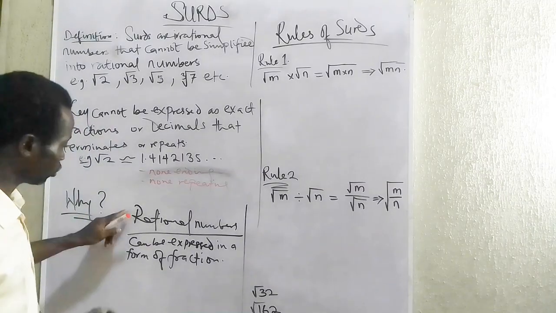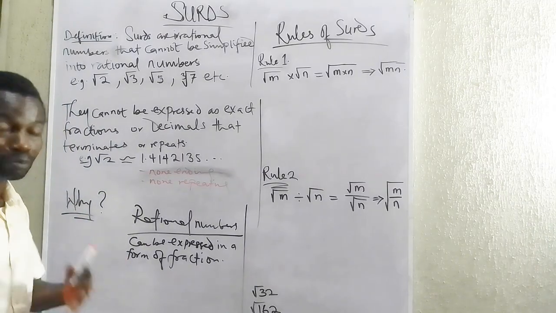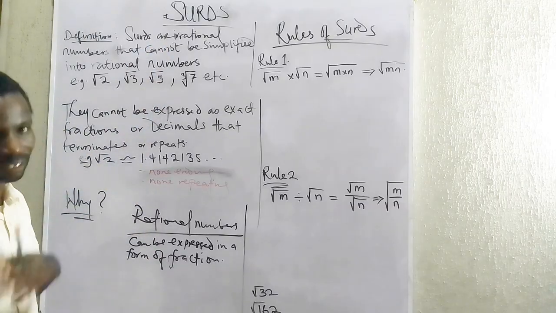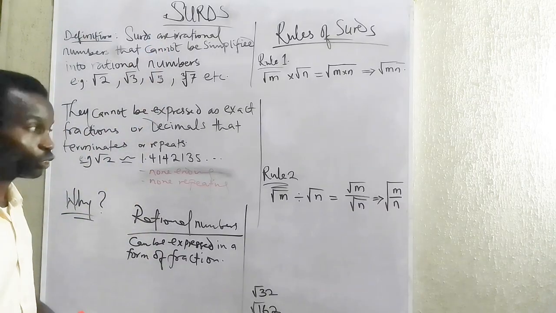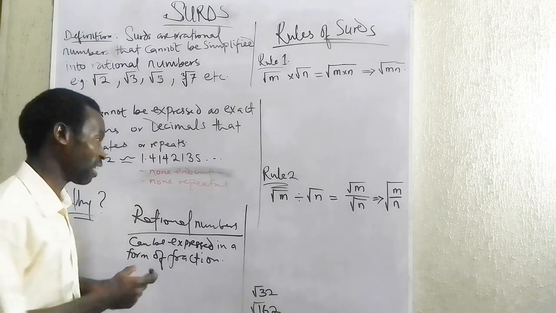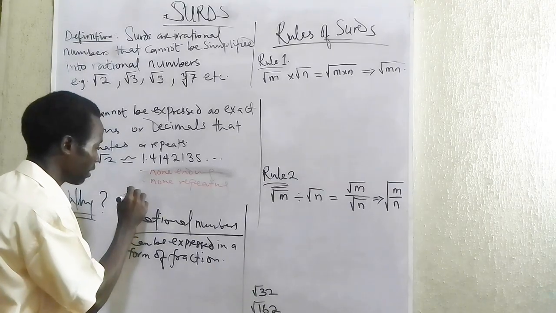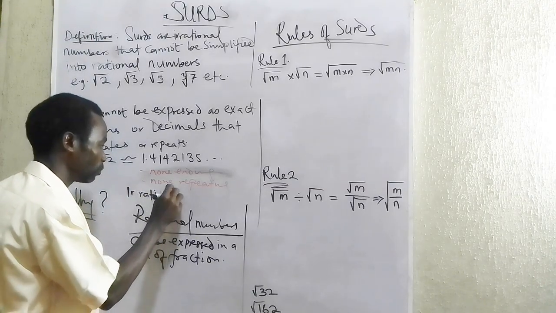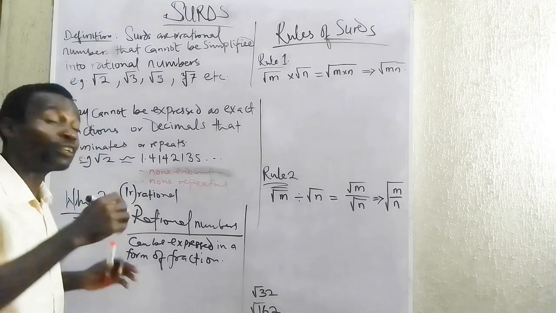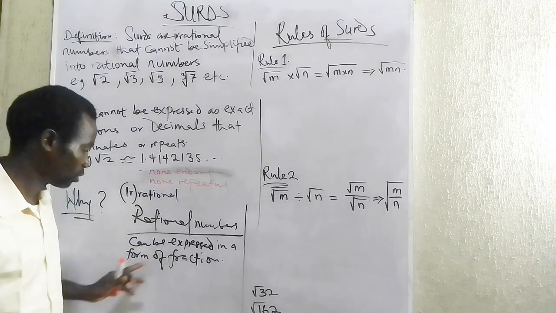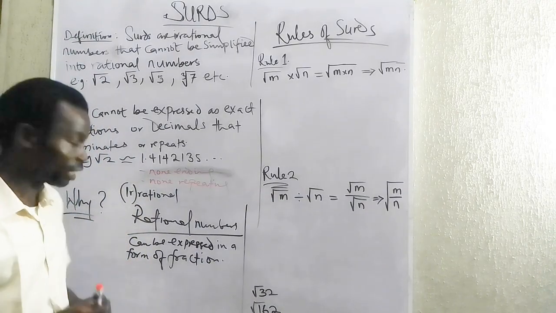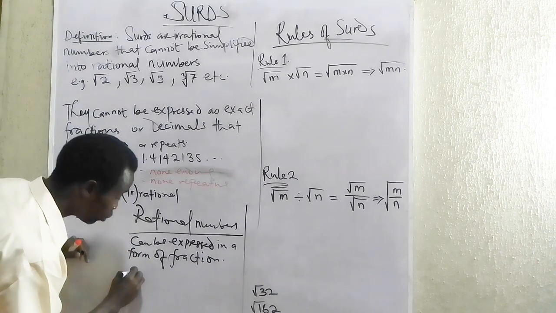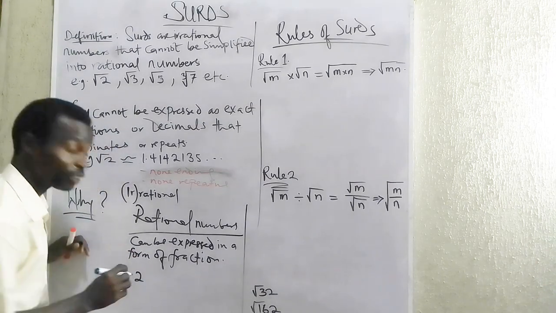So if rational numbers are numbers that can be expressed in the form of fraction, that means irrational, you know, ir means the opposite, means not. They cannot be expressed in fractional form. Now let me give you an example of rational number. Your 2 is a rational number.